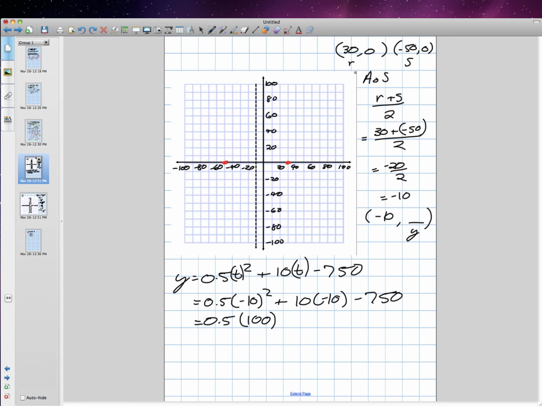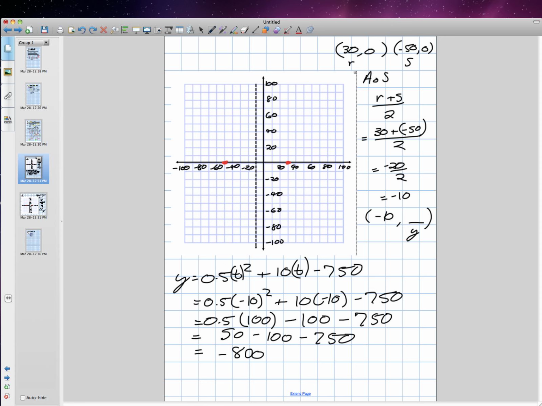Negative 10 times 10 is negative 100. 0.5 times 100 is 50. Subtract 100, subtract 750 gives us what? Anyone know? Negative 800.